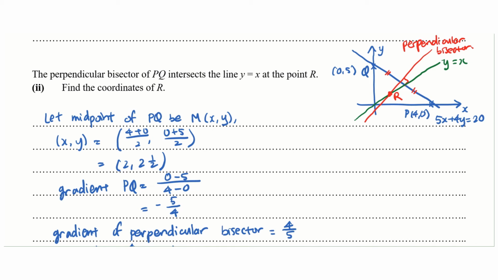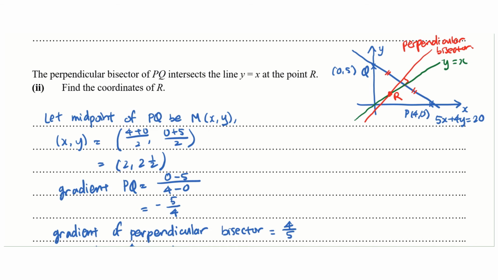In order to find the intersection point, we definitely need to know the equation of the perpendicular bisector. Then we can do our simultaneous equation solving to find out the coordinates of R. I'm sorry for the hanging again. So let's start with the answer.